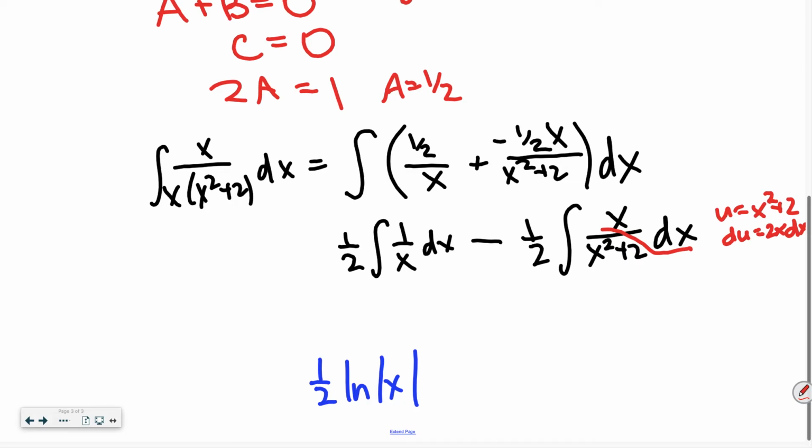So you're right, this is going to become 1/4 integral of 1 over u du. So we end up with minus 1/4 natural log of x squared plus 2. The C comes back.